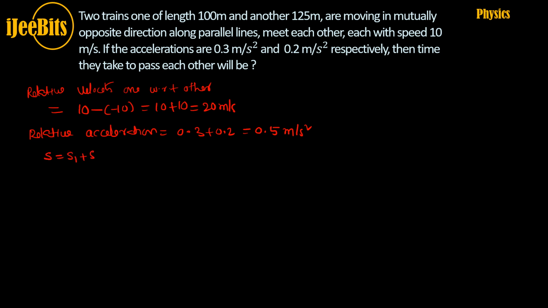S1 plus S2, which is 100 plus 125, so 225 meters, which is also given. So, think of a formula. What we need is T. So, what should be the formula? S is equal to ut plus half at square. This is needed.